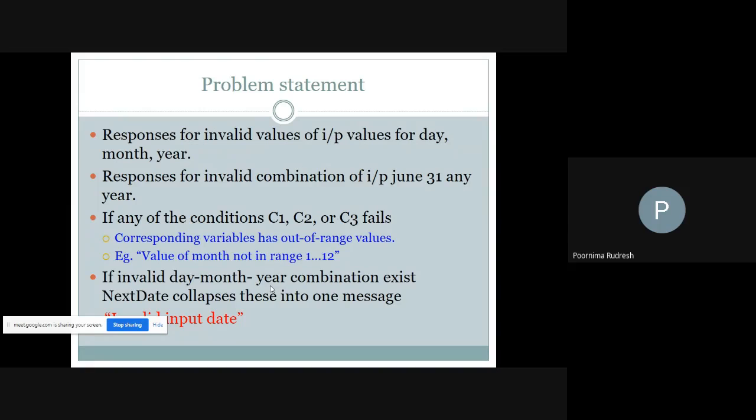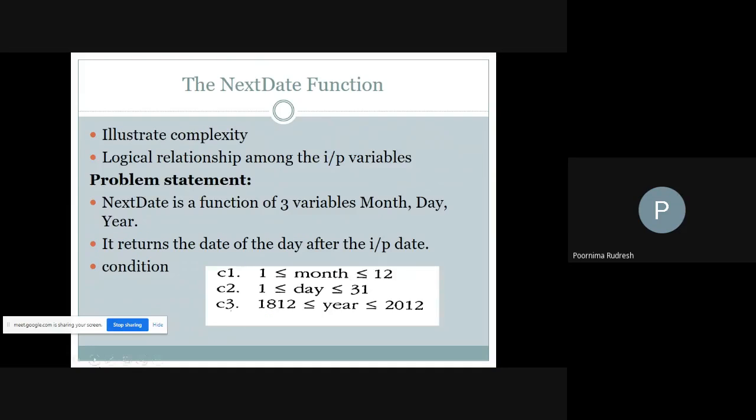And one more thing: if any one of the conditions C1, C2 or C3 fails, for example if we give the date June 30th but the year is other than 2012, then it will display the error message. Or if we enter the month as 13 or 14, greater than 12, then it displays the error message.